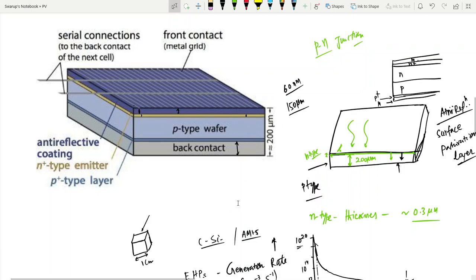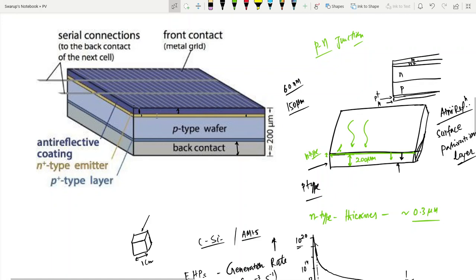So why are we doing that N plus type? Because we already studied the metal semiconductor junction behavior. There is a step in the band diagram. When the electrons have to go from the semiconductor to the metal, they have to overcome this Schottky barrier.